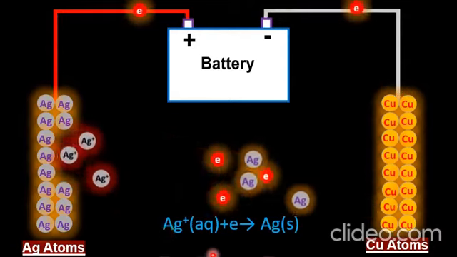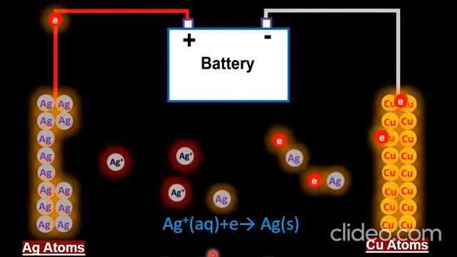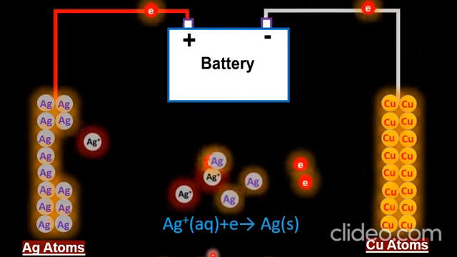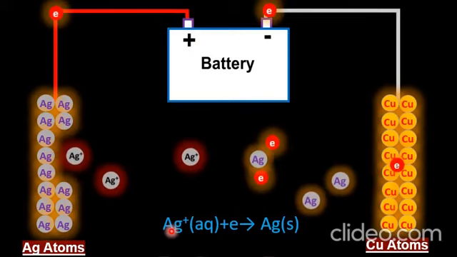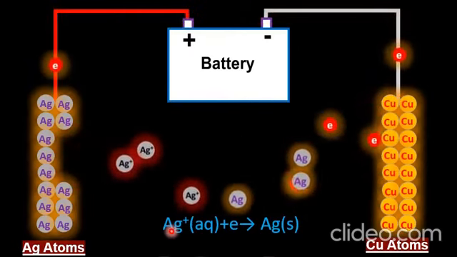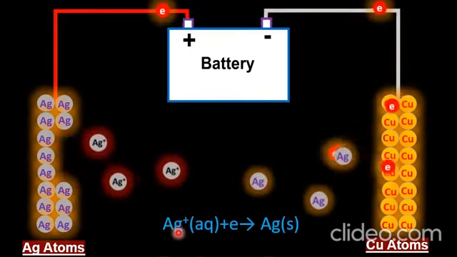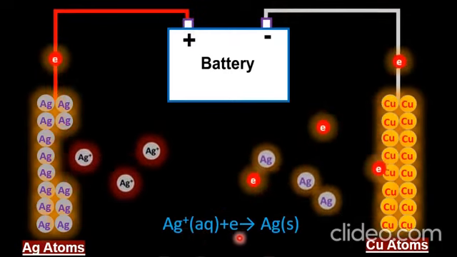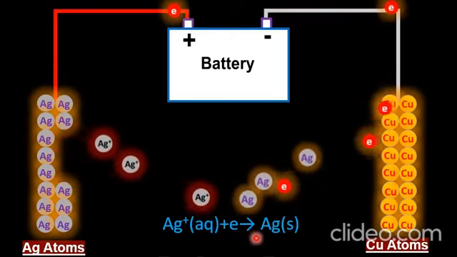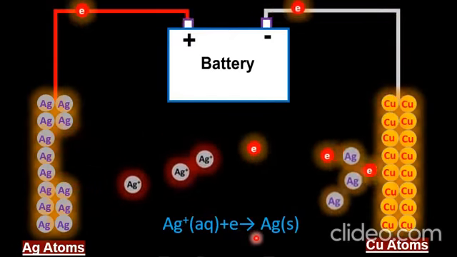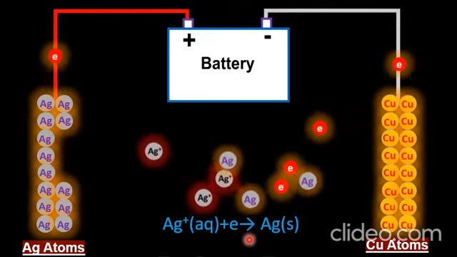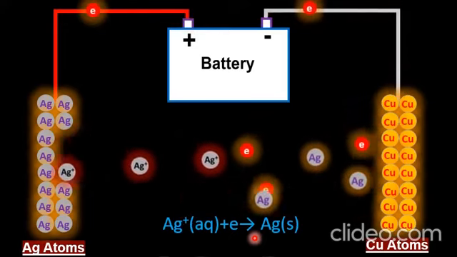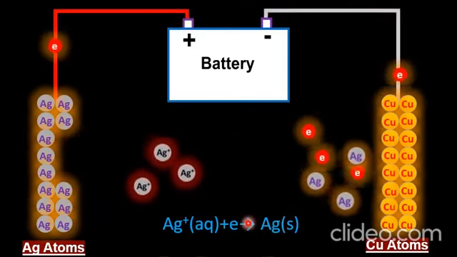As I have previously discussed, reduction is a gain of an electron. So an electron is gained by a silver ion which is in the aqueous form, and when the electron is gained, the silver ion is converted into a solid silver atom, and in this form we write the reduction reaction in the electroplating of a silver atom on the surface of a copper plate.